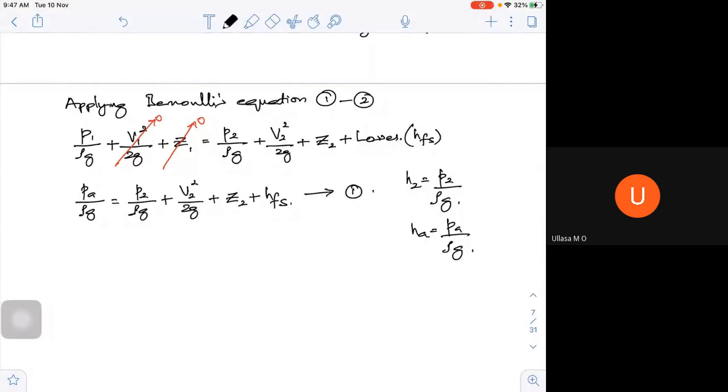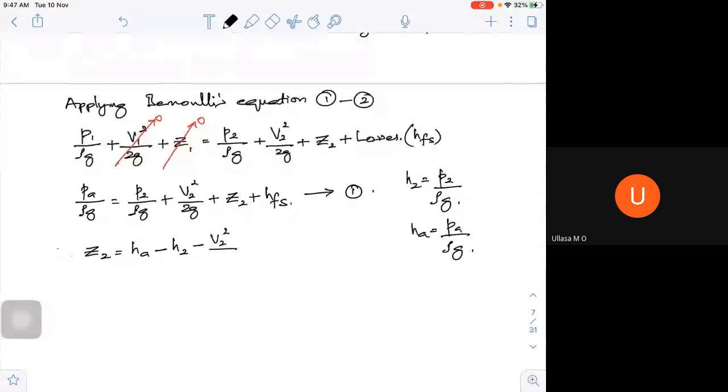What should my Z2 be? Rewriting this, Z2 is equal to HA minus H2 minus V2 square by 2G minus HFS.